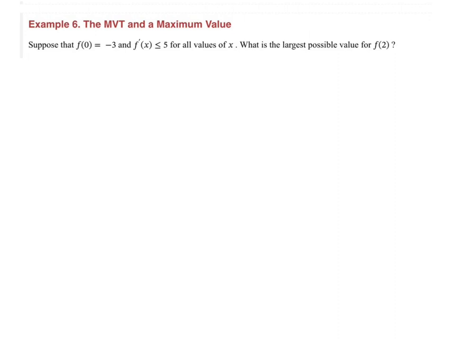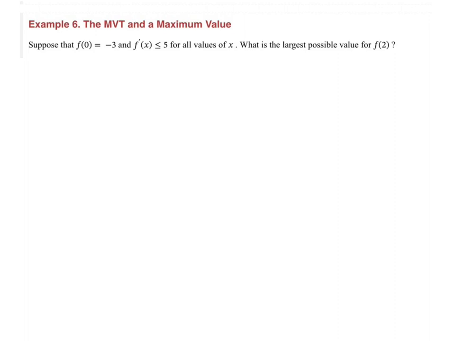It says the MVT, the mean value theorem, and a maximum value. Suppose that f of 0 is -3 and f prime of x is less than or equal to 5 for all values of x. What is the largest possible value for f of 2?